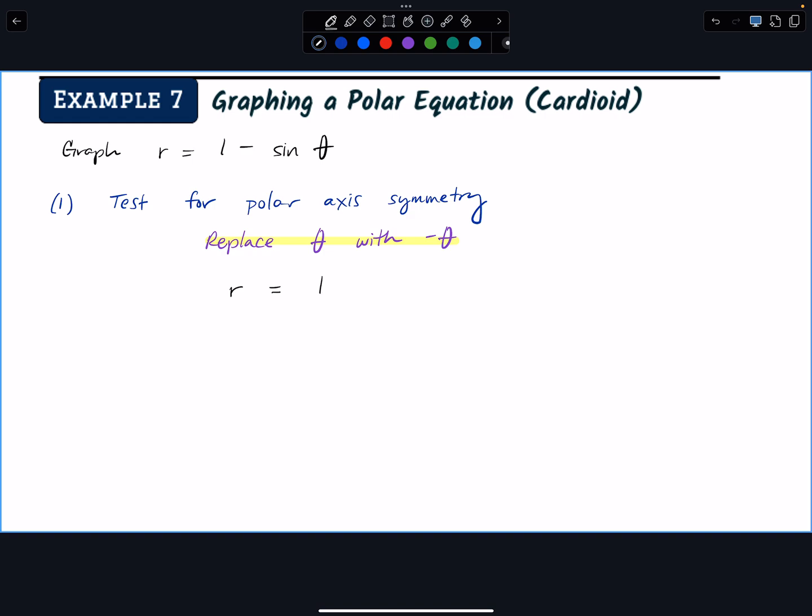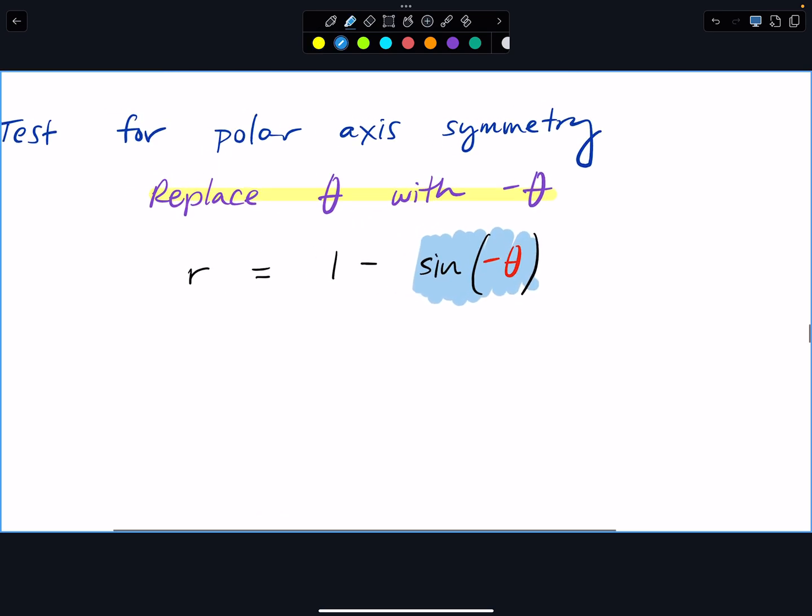r is equal to 1 minus the sine. All I'm doing is taking theta and replacing it with negative theta. Now, what do we know about sine and even and oddness? Is sine even or odd?